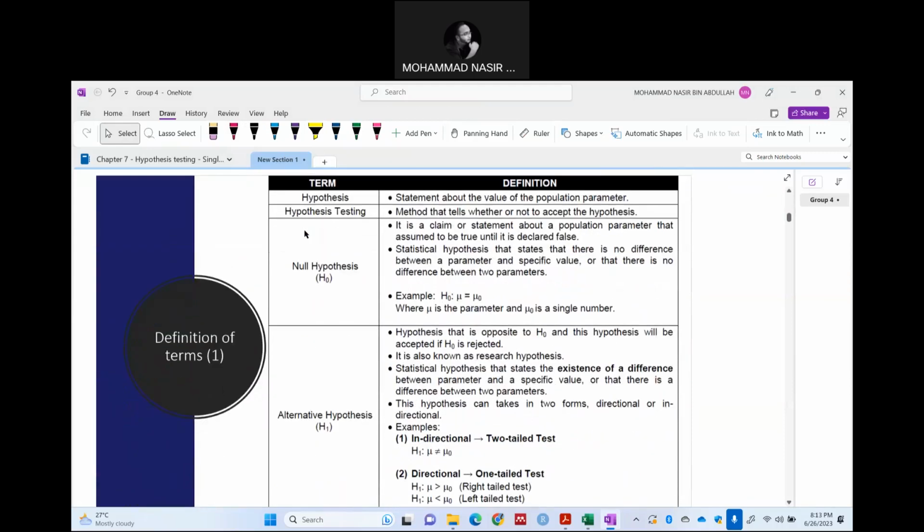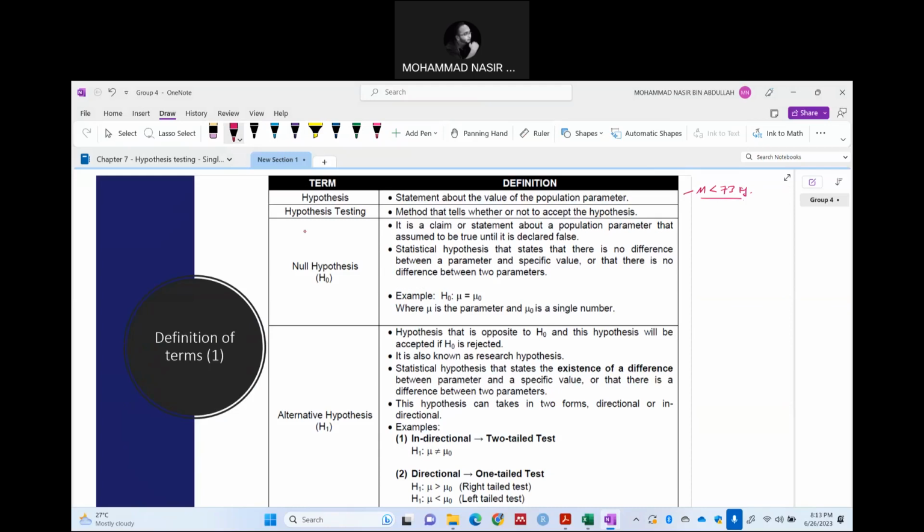Now let's look at this slide, definition of terms. A hypothesis, as I said before, is a statement about the value of the population parameter. It can be, for example, mean weight less than 73 kilos. This is the claim. To prove whether this claim is true or not, we need to do hypothesis testing, which is the method that tells us whether to accept the claim or reject the claim.